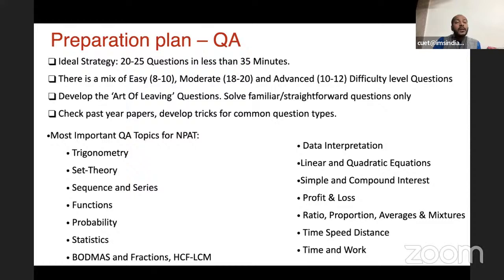Similarly, the first set of topics that I've shown, trigonometry, set theory, sequence series, functions, probability, statistics, number systems, HCF, LCM, and data interpretation, can be given a slightly higher priority because you get a lot of questions from these areas. Almost 60% of the paper, 60-70%, would be from the first half and data interpretation put together. So that's a huge proportion of the paper coming from a limited number of 7-8 topics.